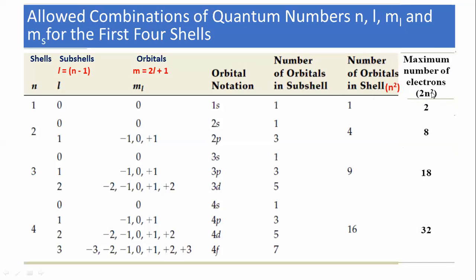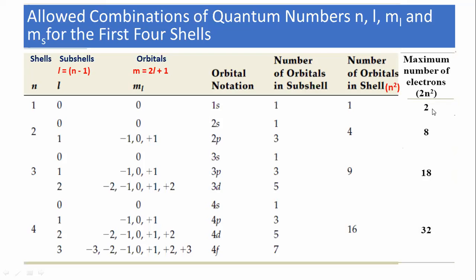And there are two ways to calculate the number of electrons. One is you can use this very simple formula. We are talking about n equal to 1, and 1 multiplied by 1 is 1, and 1 multiplied by 2 will be 2. So the maximum possibility of electrons in the s shell is 2.